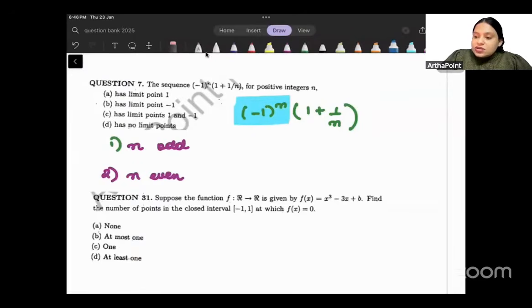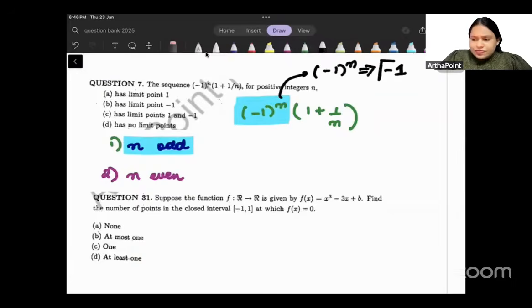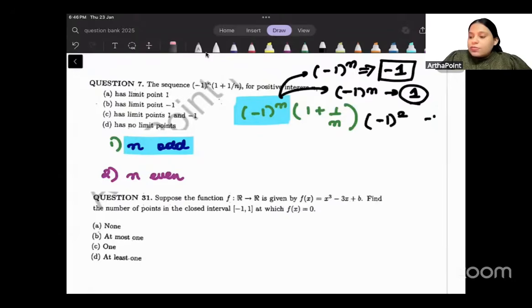If n is odd, then (-1) to the power n will become -1, because -1 is getting multiplied an odd number of times. And when n is even, then (-1) to the power n will become 1, because the power is even, so -1 is getting multiplied an even number of times, like (-1) to the power 2 or (-1) to the power 4 and so on.